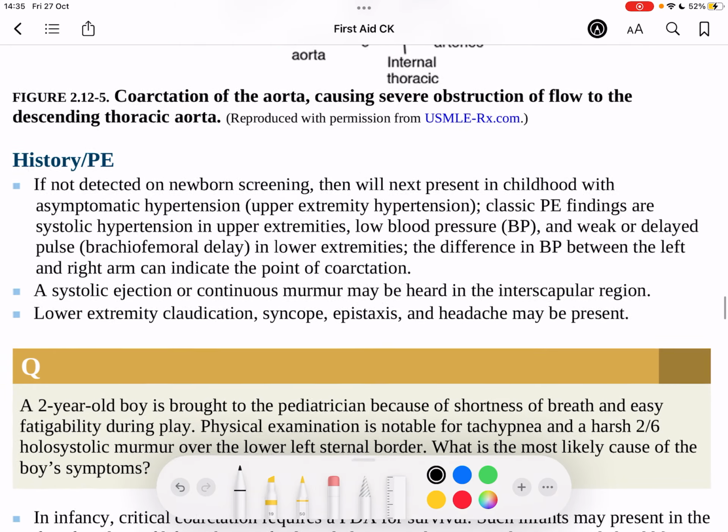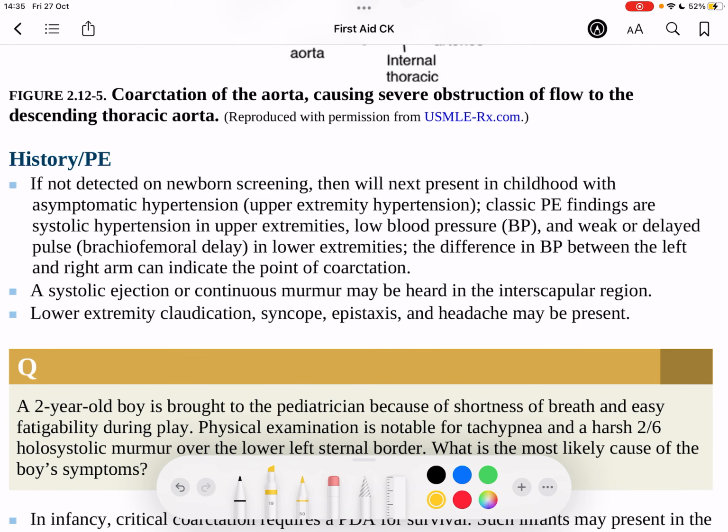So let's talk about our physical examination and history and how we can spot this in a case. If not detected in newborn screening, then it will present in childhood with asymptomatic hypertension, usually isolated to the upper extremities. And a classic physical examination finding is a systolic hypertension in the arms, but a low blood pressure or weak or delayed pulse in the lower extremities.